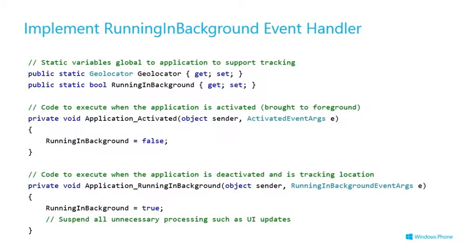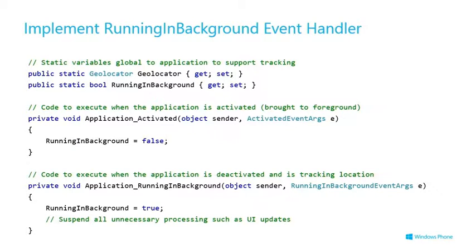And it's important to understand that even if you've got that in the manifest, if at the time it is suspended the geolocator object isn't actively tracking positions, then it will be suspended just like normal. It's just like a regular app. But if at the time it would normally be suspended it's actively getting position changed events, that's when this behavior kicks in.